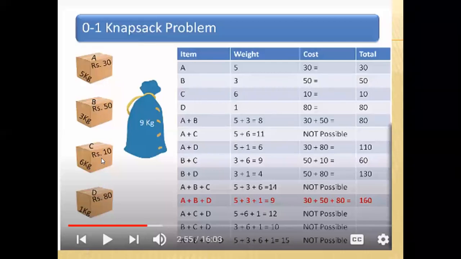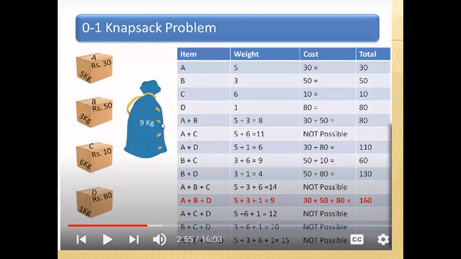If only object C is placed, its weight is 6 kgs and profit is 10, so it is not the maximum profit. Suppose object D is placed in the knapsack, the profit is 80, and it has only 1 kg.